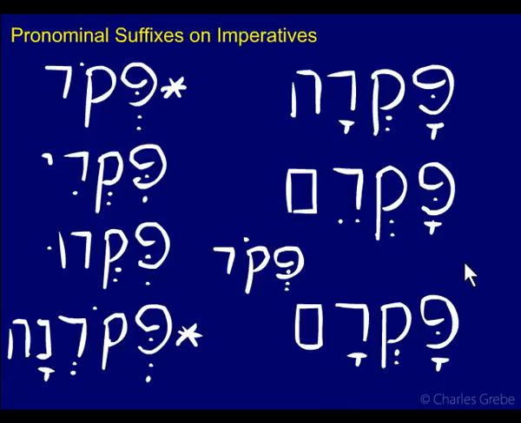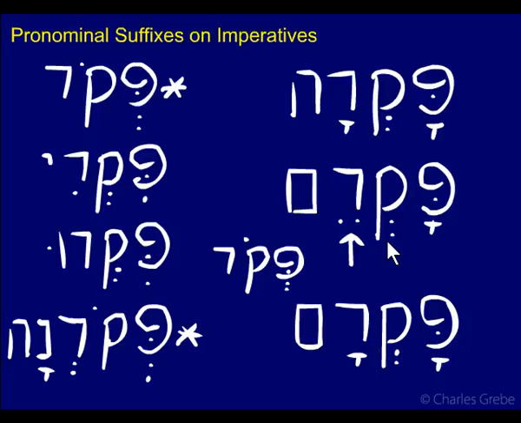The difference is not the base form because they both go to commensative. The difference is not the ending. The difference is the helping vowel. Okay? The helping vowel for the imperative is tsere. So the helping vowel will help you distinguish when you end up with this confusion or potential confusion between the imperative with pronominal suffixes and the infinitive construct.